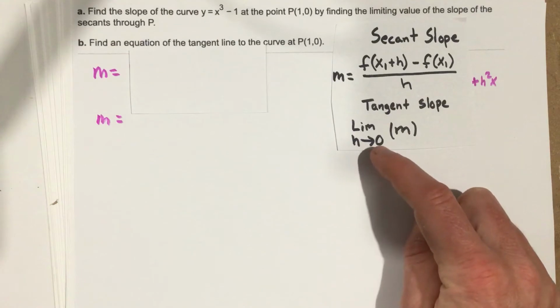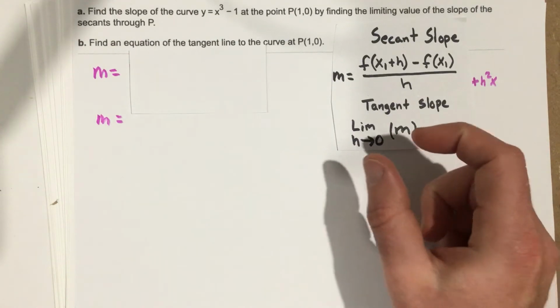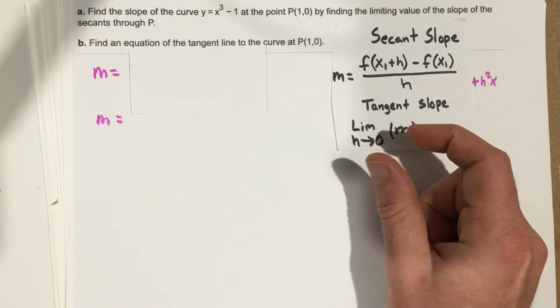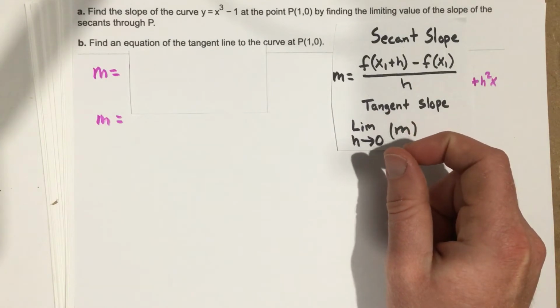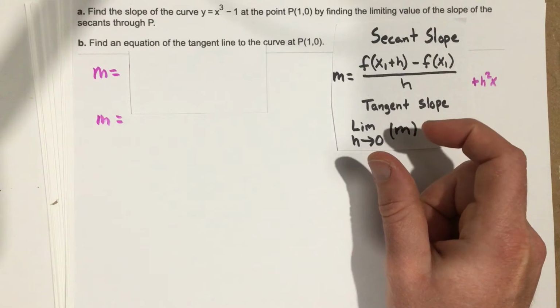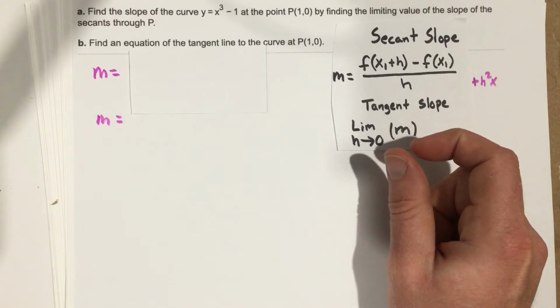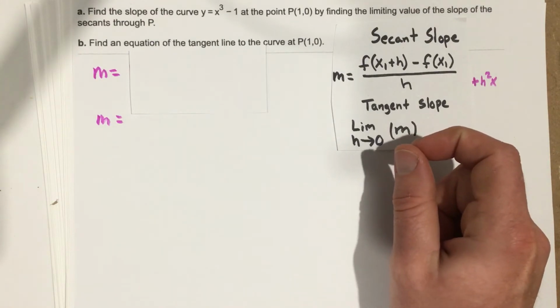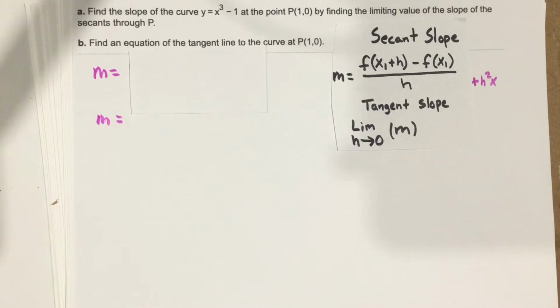And remember, h is like the distance between the 2 points closing to be 0. So it's like those 2 points that we're finding the slope with, we're closing that gap to being basically 0, meaning we're finding the slope at a specific point.